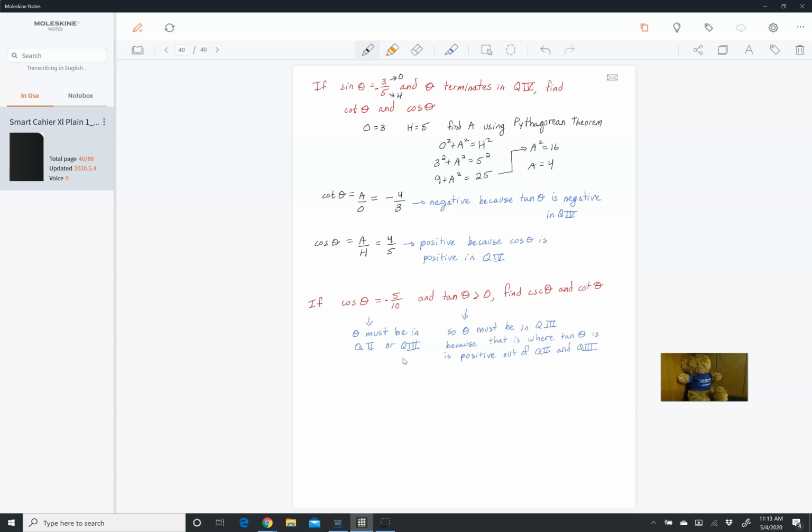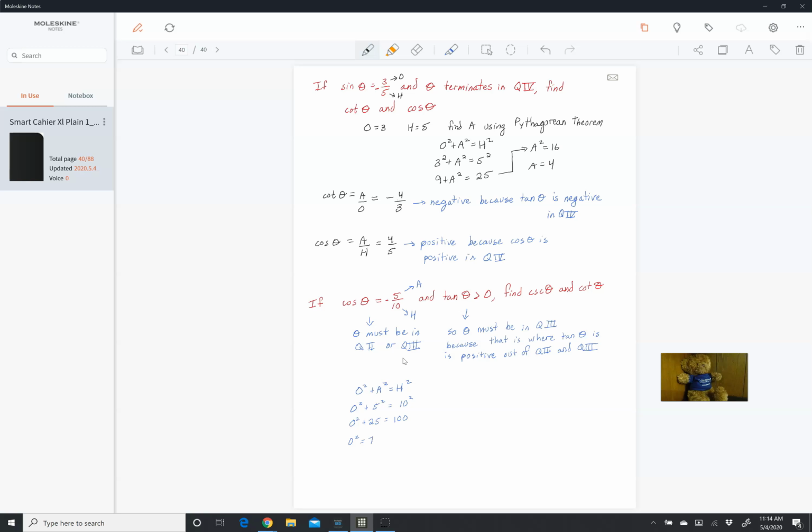Okay, so now we can find the cosecant and the cotangent. So we have to identify our opposite, our adjacent, and our hypotenuse. We know that this is the adjacent and this is the hypotenuse. So O squared plus 5 squared is equal to 10 squared, or O squared plus 25 is equal to 100.